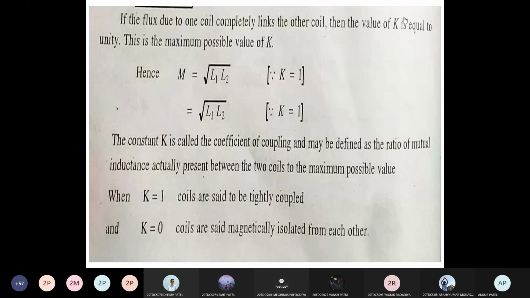Coupling is nothing but a connection, meaning two coils are coupled or connected. Coupling means connected with the other thing. So anyone having doubt in dynamically induced EMF, statically induced EMF, coefficient of coupling?